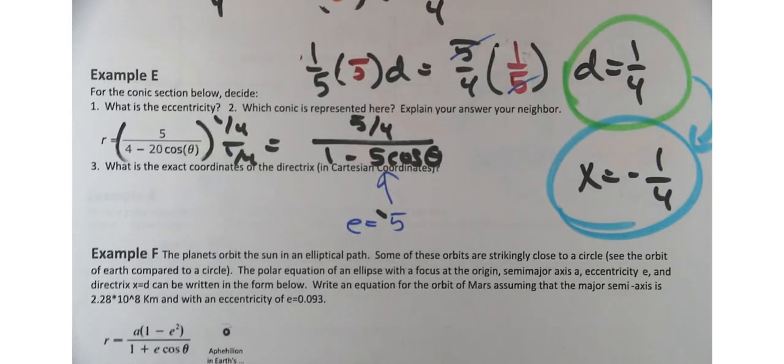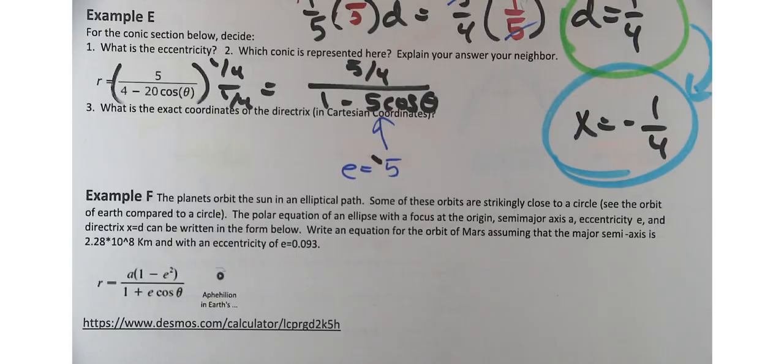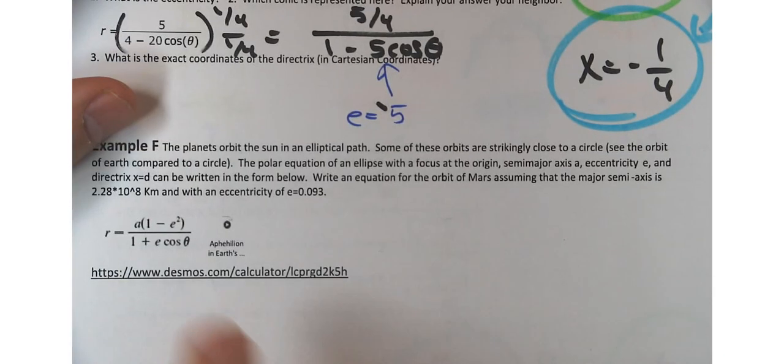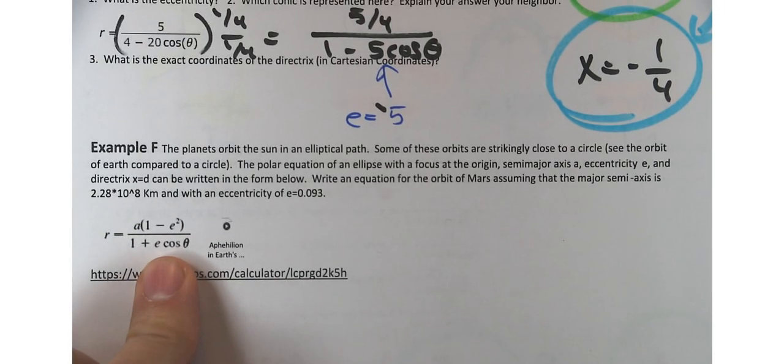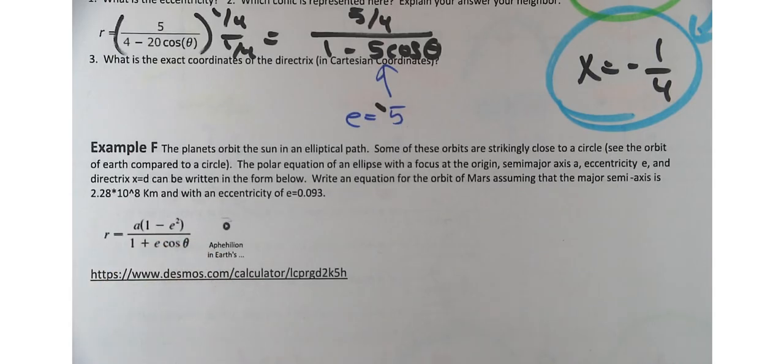We talked about planetary orbits earlier. The planets orbit the sun in this general kind of conic equation: r equals a times 1 minus e squared over 1 plus e times cosine of theta.